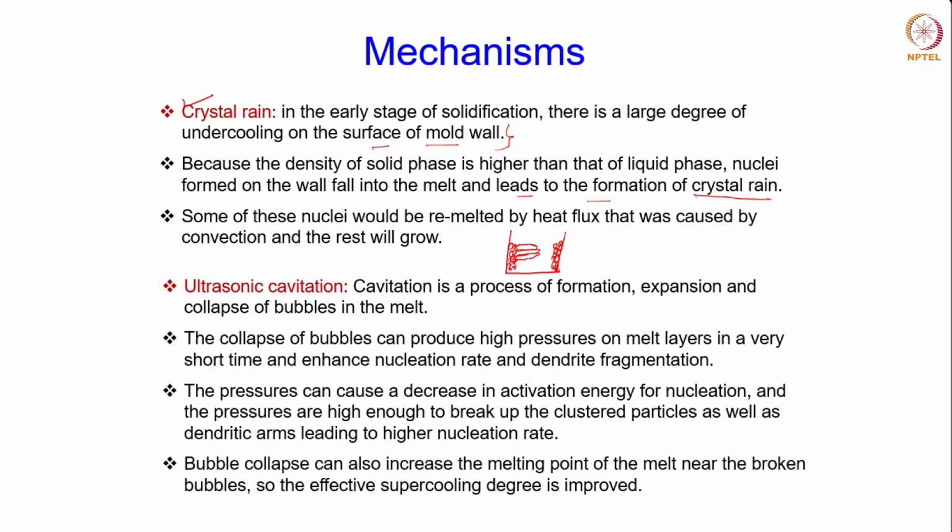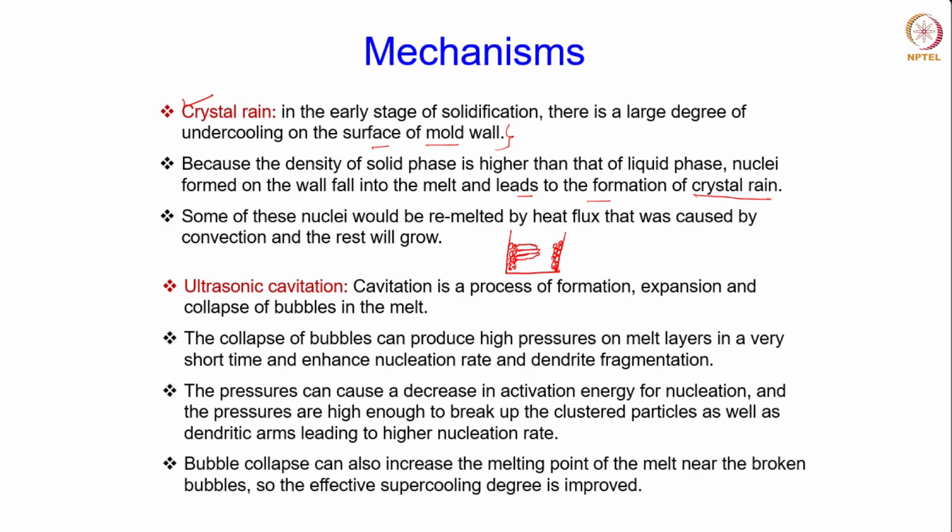Okay, so the phenomenon which occurs due to the ultrasonication of the liquid melt is known as cavitation, which is basically a process of formation, expansion, and collapse of bubbles in the melt. Okay, so this sequence of formation, expansion, and collapse of bubbles leads to agitation in the melt, leading to grain refinement.